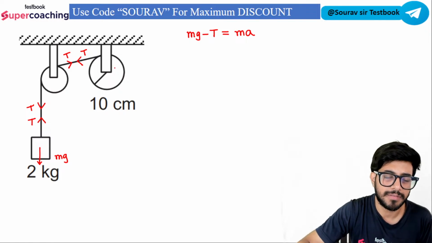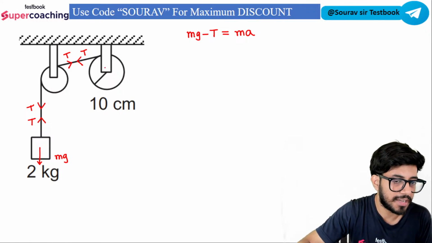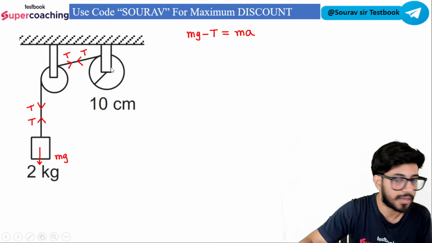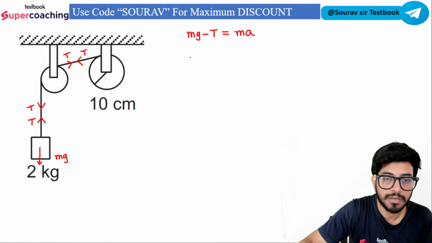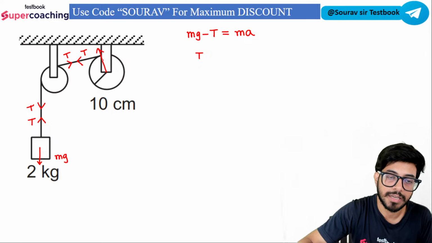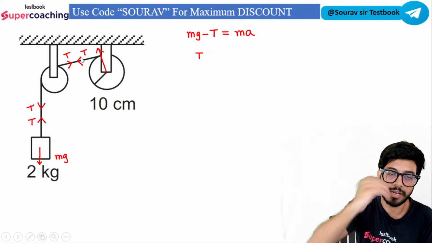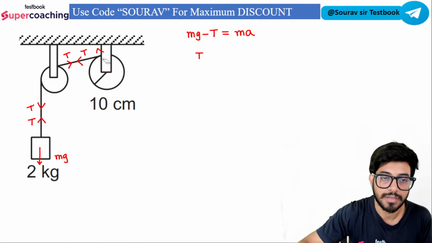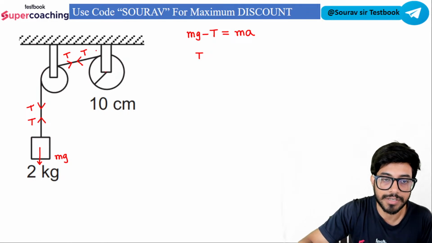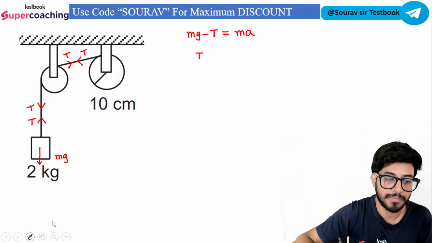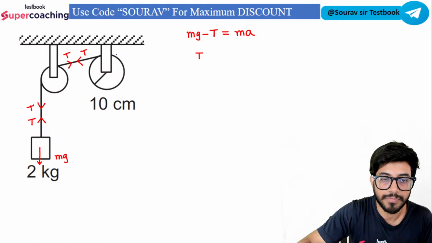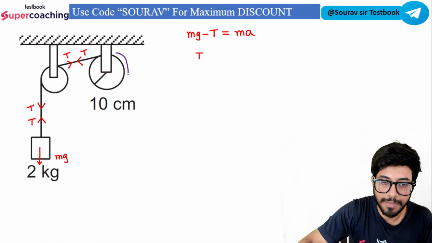For the wheel, the tension creates a torque because of which it's rotating. T acts along this direction, R is along this direction, so R cross T gives rotation along this direction.